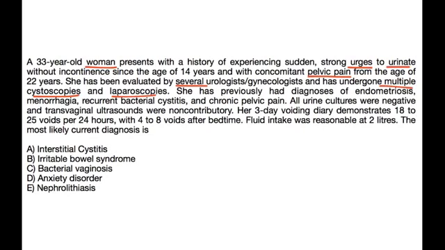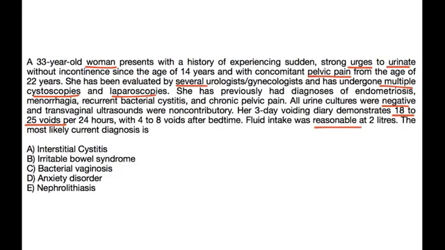She has previously had diagnosis of endometriosis, menorrhagia, recurrent bacterial cystitis, and chronic pelvic pain. All urine cultures were negative, and transvaginal ultrasounds were non-contributory. Her 3-day voiding diary demonstrates 18 to 25 voids per 24 hours, with 4 to 8 voids after bedtime. Fluid intake was a reasonable 2 liters.